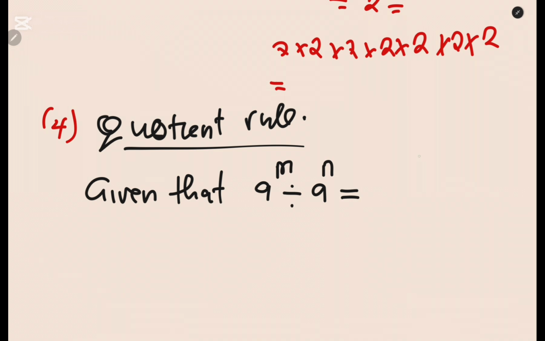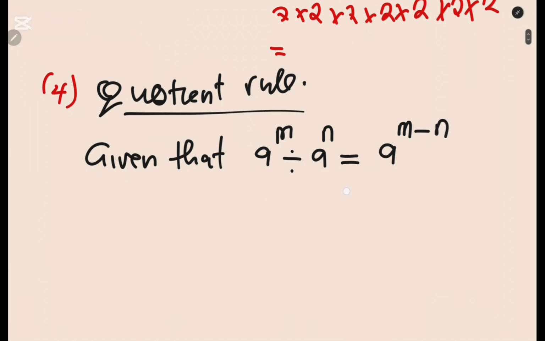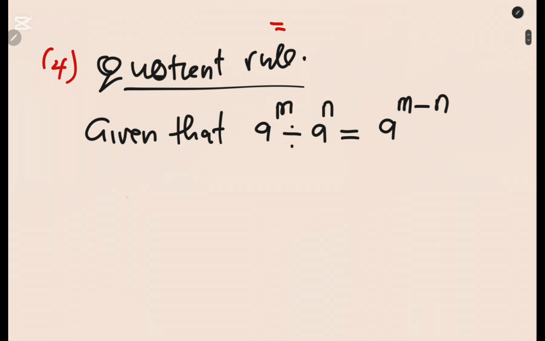So on this quotient rule, when you are dividing same bases, you subtract the powers. So when you are dividing numbers with the same bases, please, the powers subtract. So this one is going to be m minus n. All right, so that is what happens. Let us look at an example.